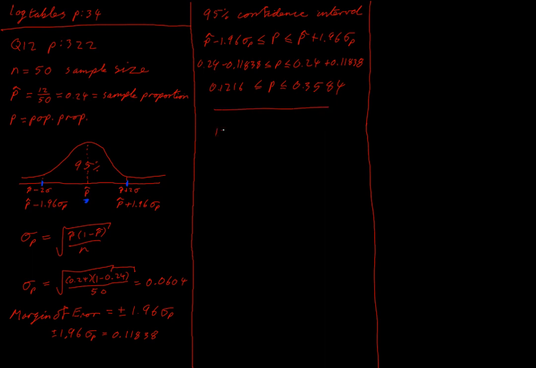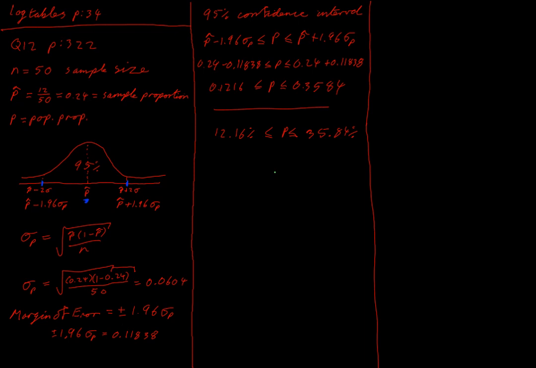So, turning that into percentages would look like this. Now, based on our sample of 50 boxes, we are 95% sure, 95% certain that between 12% and about 36% of our total boxes have spoiled tomatoes in them, have rotten tomatoes in them.